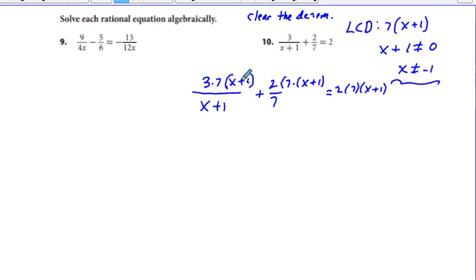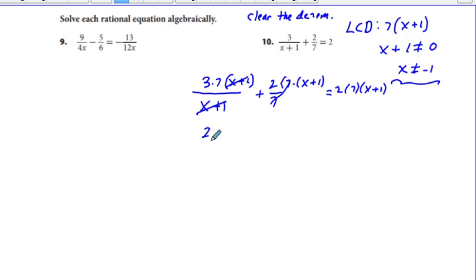And then we can just cancel things. That cancels that. This 7 cancels this 7. And so we just write what we have left. We have 21 is equal to 2 times x plus 2 times 1.